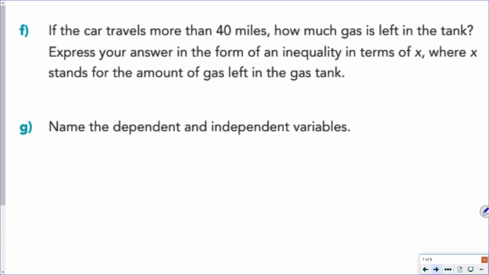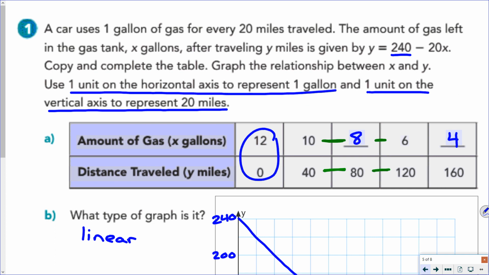If the car travels more than 40 miles, how much gas is left in the tank? Okay, so let's take a look at our table. We've got 40 miles here. There would be 10 gallons left at 40 miles.